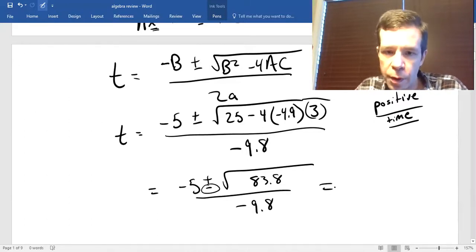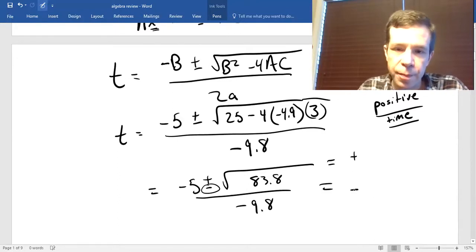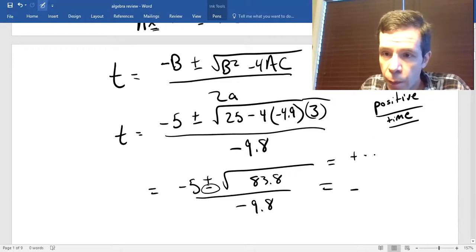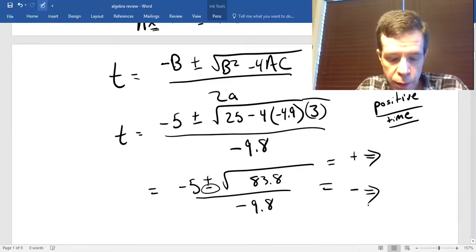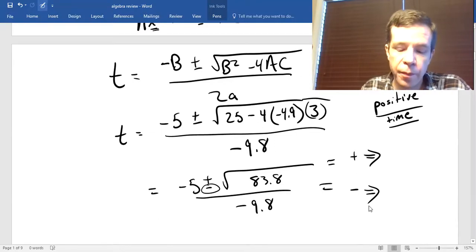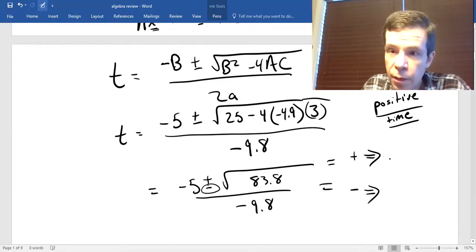We can do both, right? I'll just do both. Positive result, negative result. The positive result, let me square root that answer. Minus 5, negative 9.8 is going to give us minus 0.424 seconds.